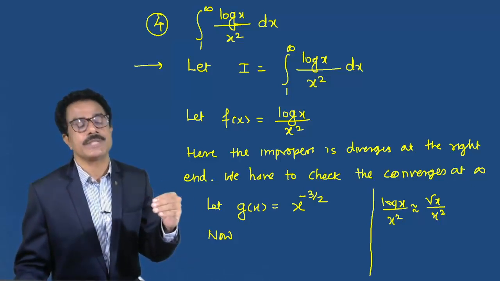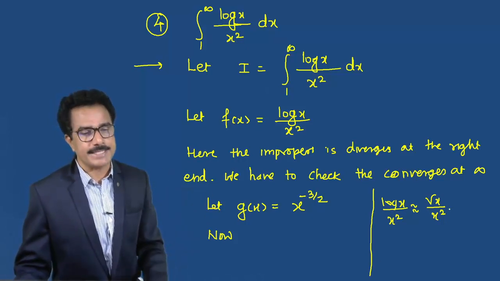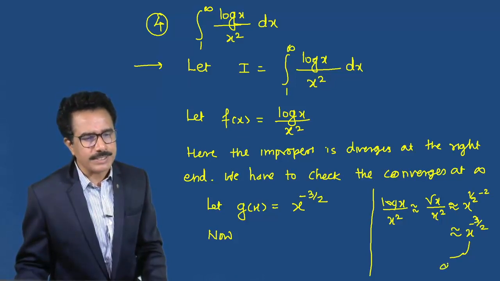A negative number is not allowed in log, and not allowed in root either, so it behaves like this, it is equivalent to x raised to 1/2 minus 2, which means x raised to minus 3/2. So we have to consider this as g of x.